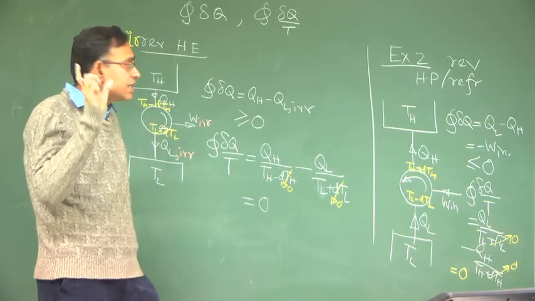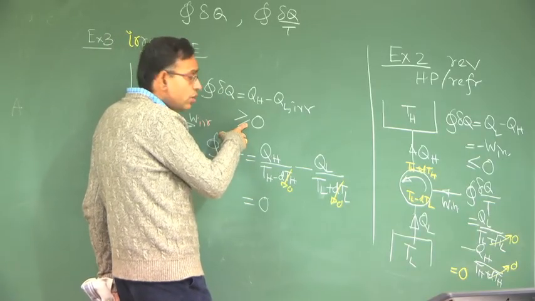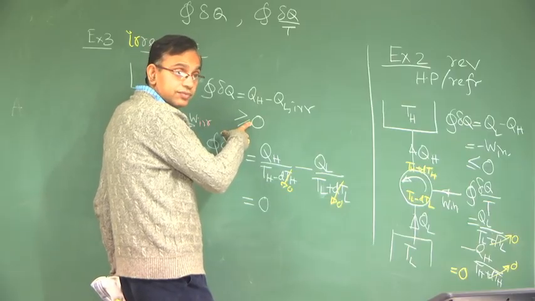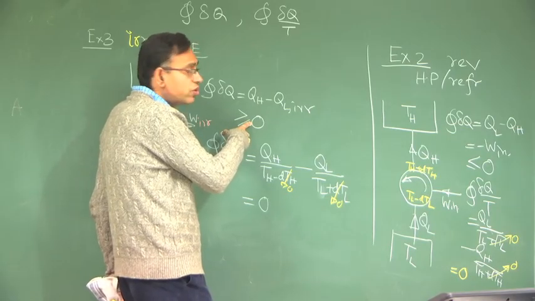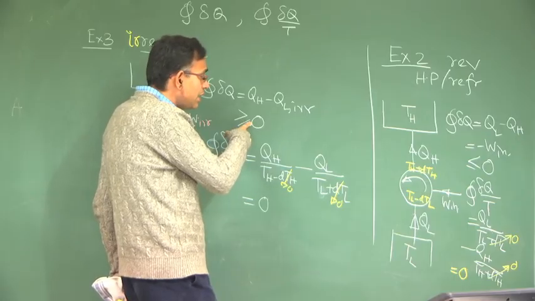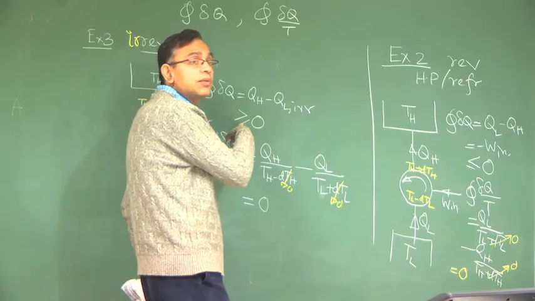So see a very interesting thing, for reversible also this equality can hold, for irreversible also this equality can hold, but the reasons are different. For reversible the equality could hold if TH and TL are very close. For irreversibility the additional reason for which this equality could hold is because of extreme irreversibility.